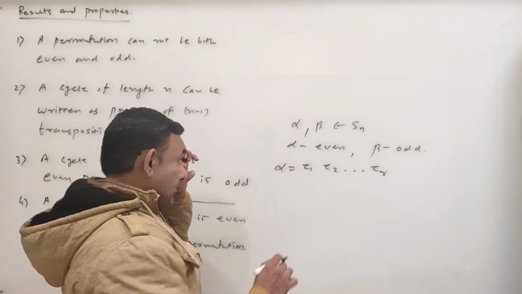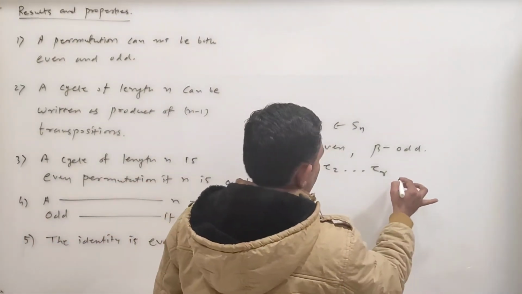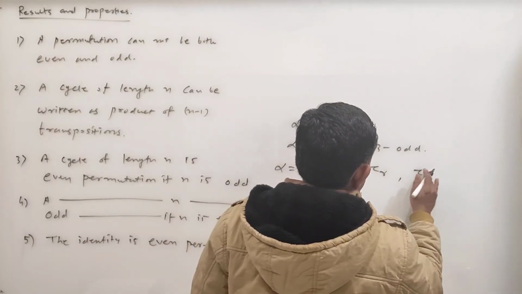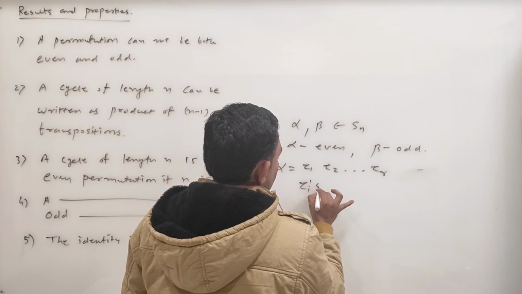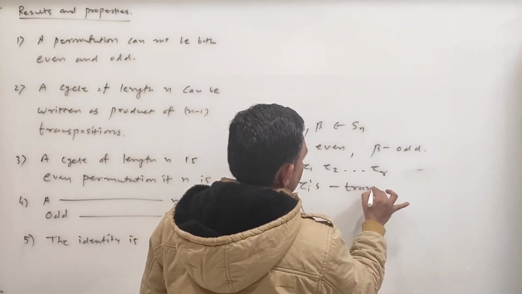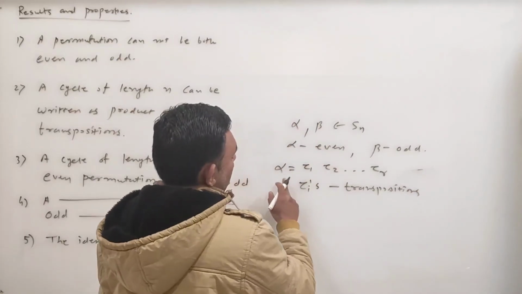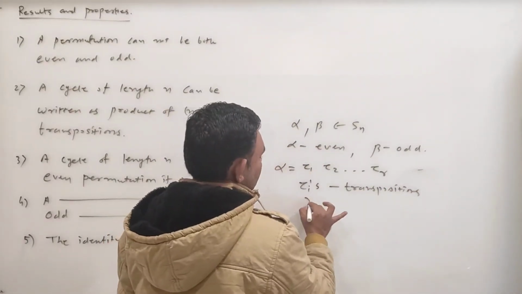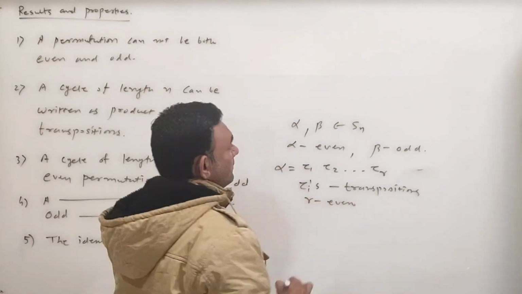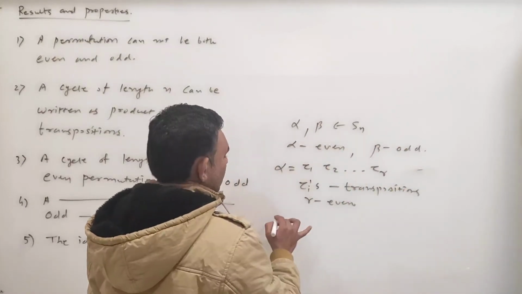Where alpha is even, and here the tau i's are transpositions. So alpha is a product of transpositions and it is even, so this r will be an even integer. Now beta is an odd permutation.